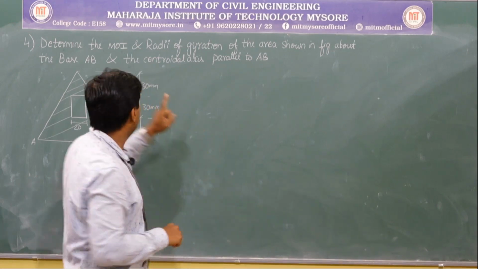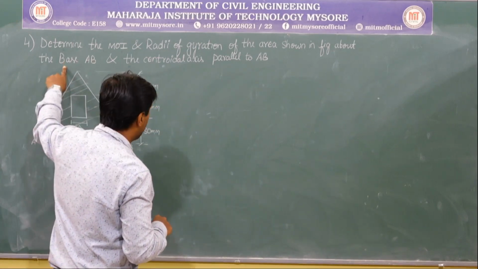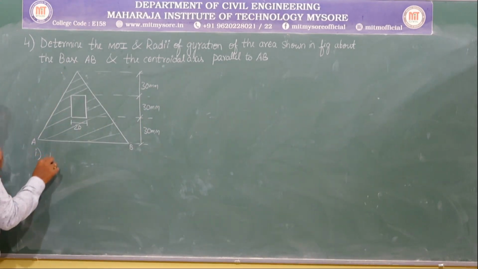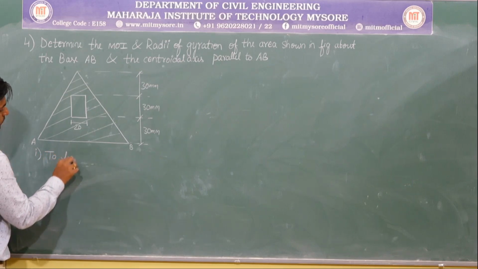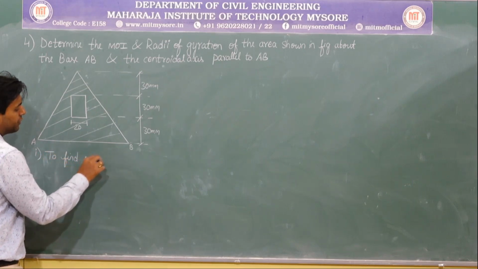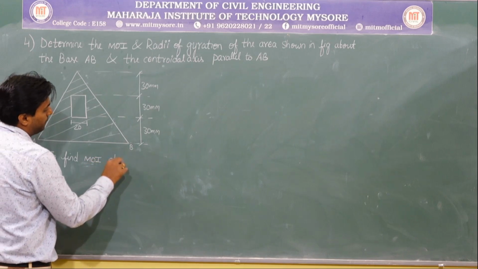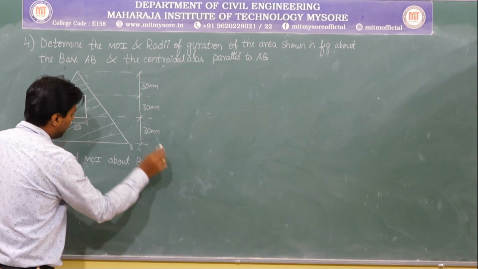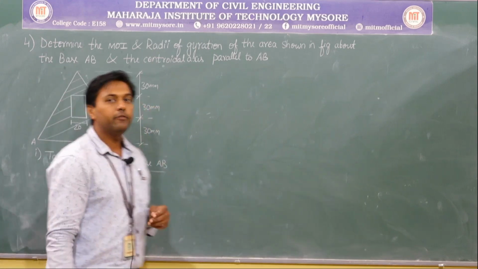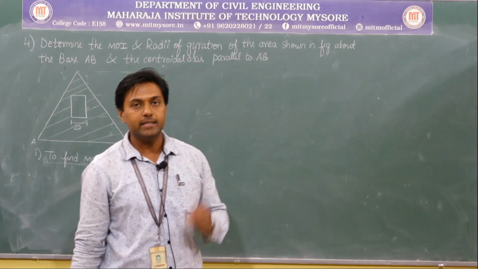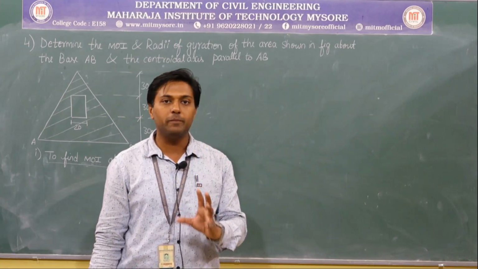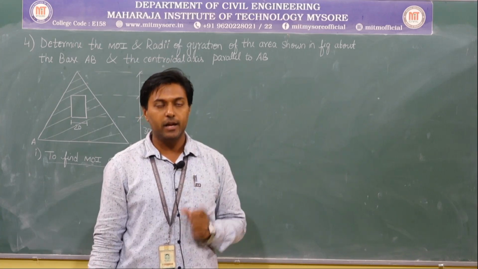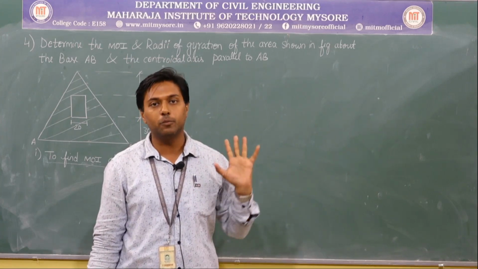First let me take up the first question, about the base AB, that is moment of inertia about the base AB. Please remember one thing, whenever they ask you to calculate the moment of inertia with respect to the centroidal axis, we need to calculate the centroid without miss.